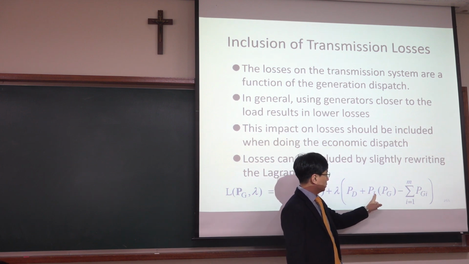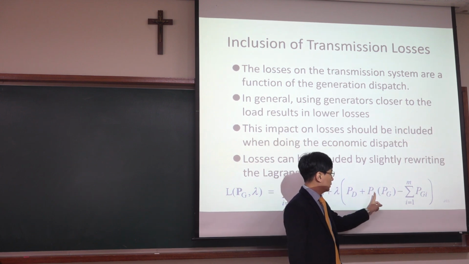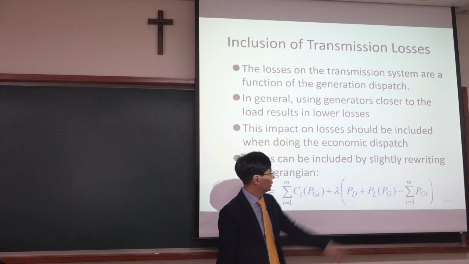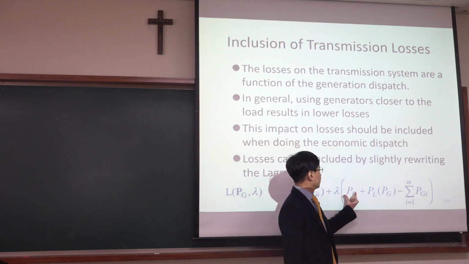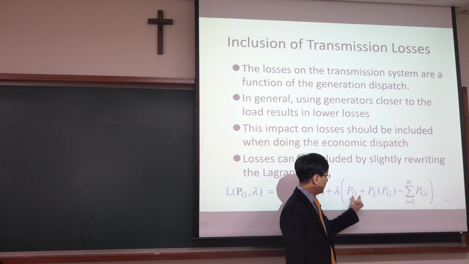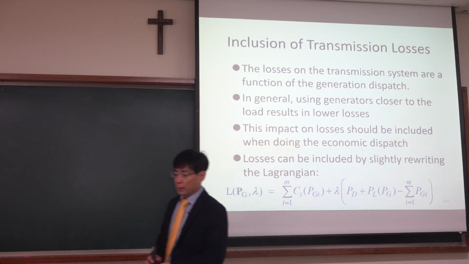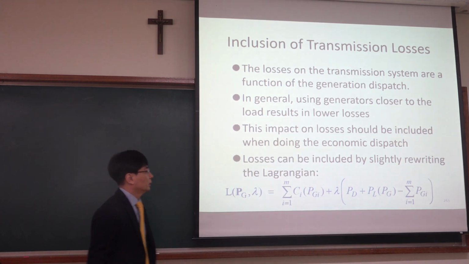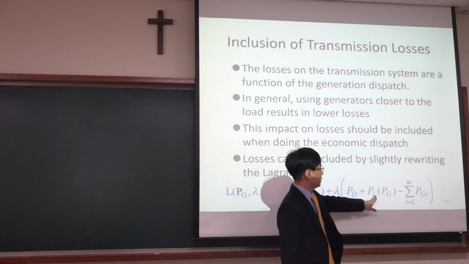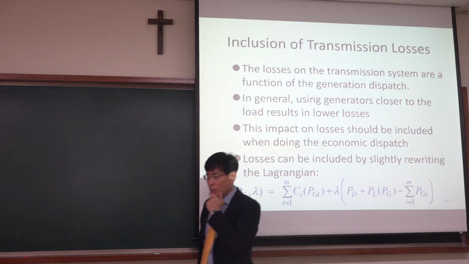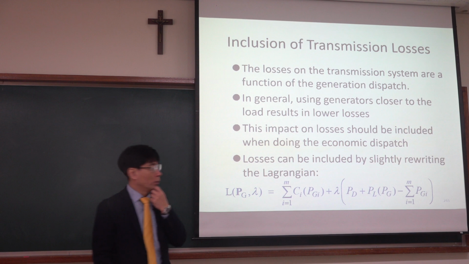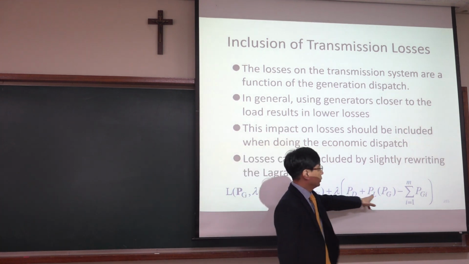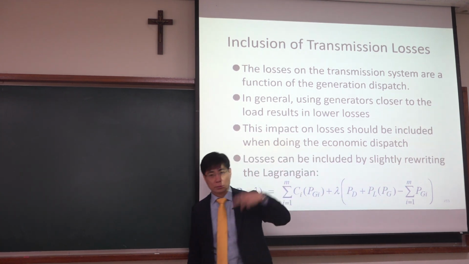So total generation needs to satisfy total demand plus total losses. But the difficult part here is that this loss is not easy to compute, because to know this loss, you need to compute the power flow using Newton-Raphson.